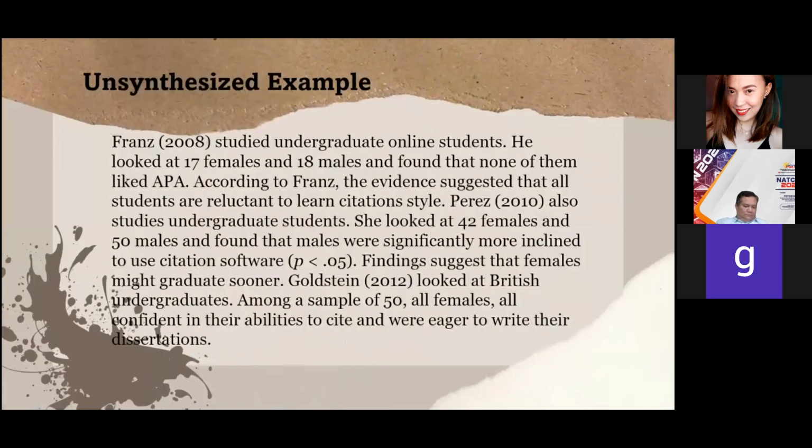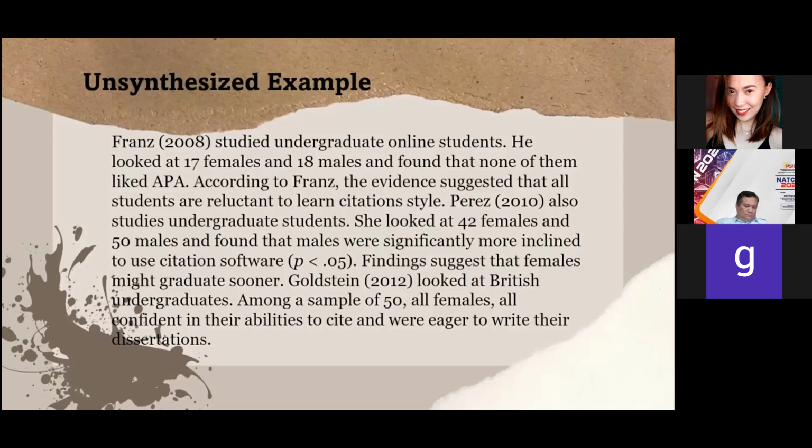Here is an example of unsynthesized. France, in 2008, studied undergraduate online students. He looked at 17 females and 18 males and found that none of them liked APA. According to France, the evidence suggested that all students are reluctant to learn citation style. Perez, in 2010, also studied undergraduate students.